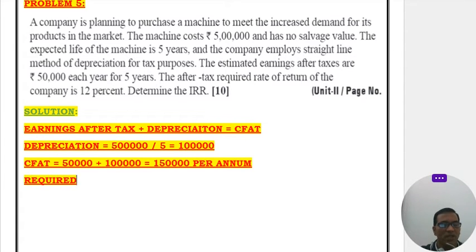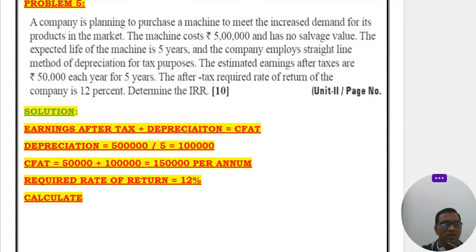So the required rate of return is equal to 12%, already given. So you can calculate NPV at the rate of 12%.